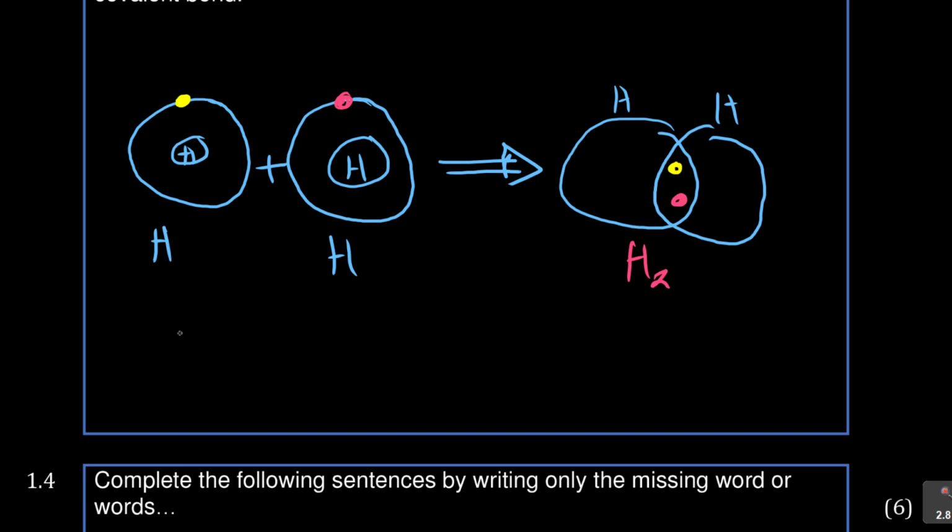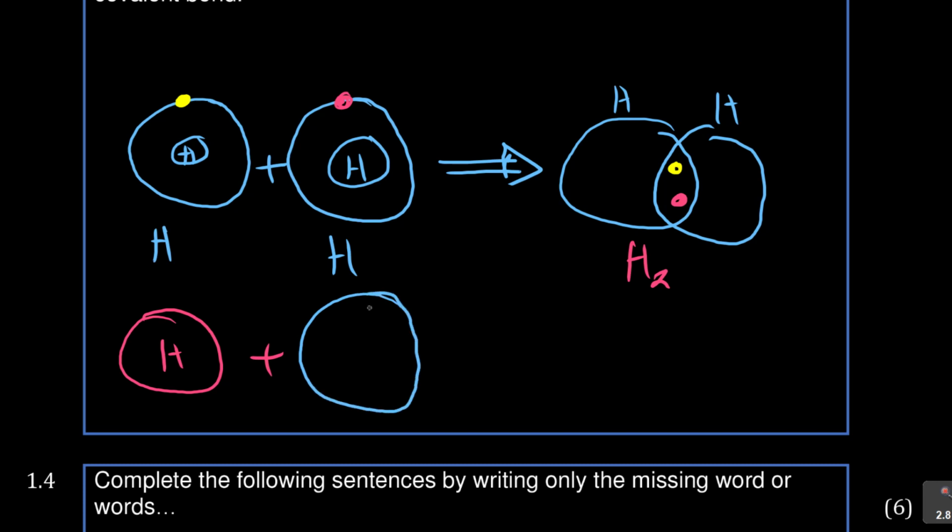Let me use another one. We have a hydrogen here, and then you can say plus, and then choose chlorine. It's like this, but now with chlorine you need to be careful. You need to know chlorine in the outermost shell has got 7 electrons, because it is in group 7.